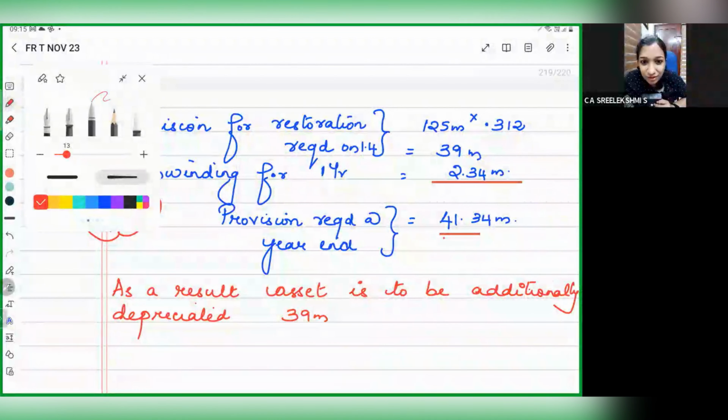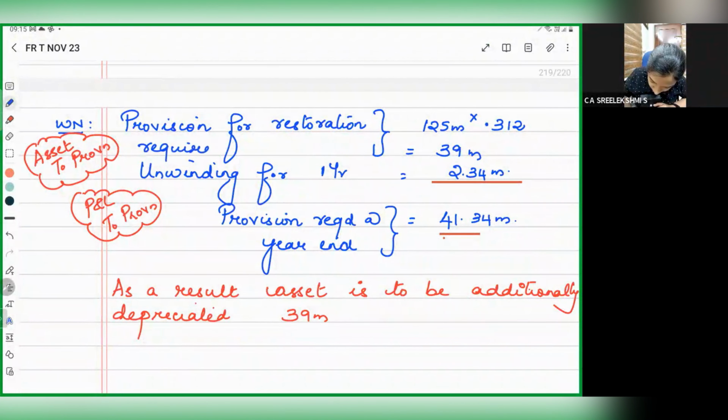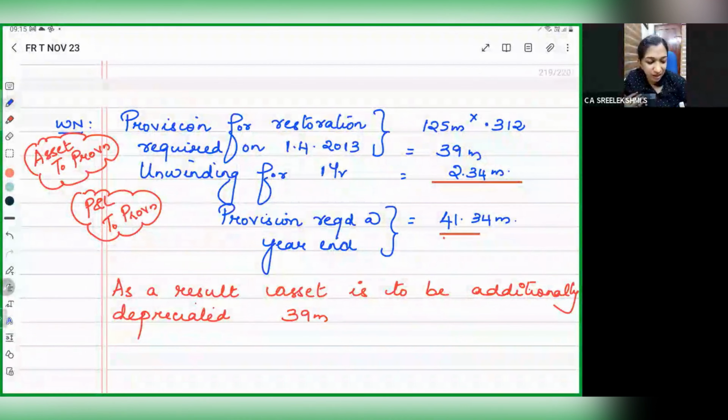Yes or no? ഒന്നുകൂടെ പറയാം, provision for restoration required on 1st April 2013. ഈ amount 39 million was the provision required on which date? അവര് മിസ്റ്റേക്കിലാണ് ചെയ്തേക്കണേ, there was an error or a mistake which we are going to correct.